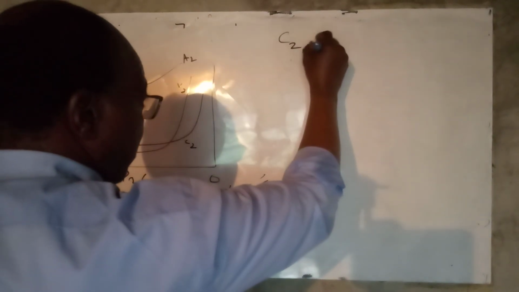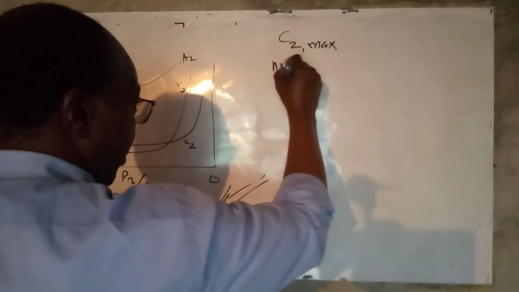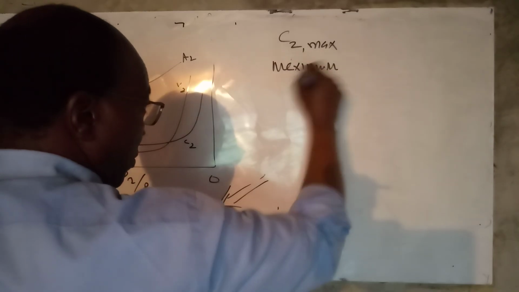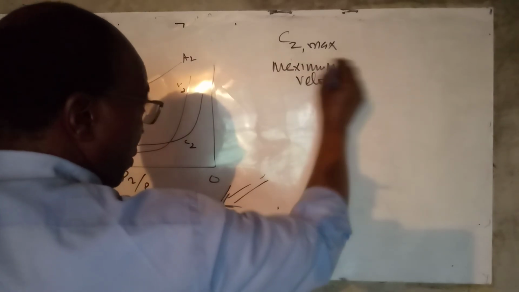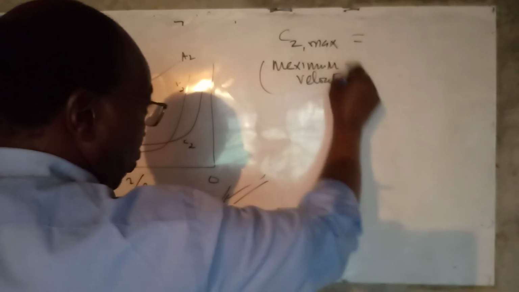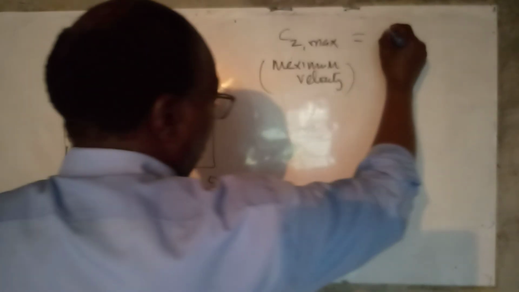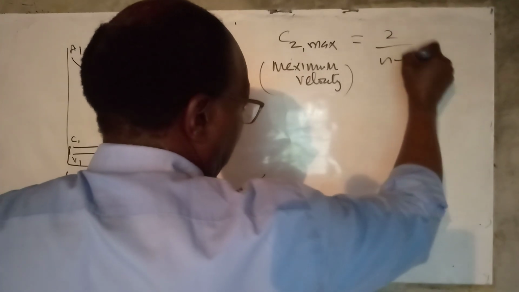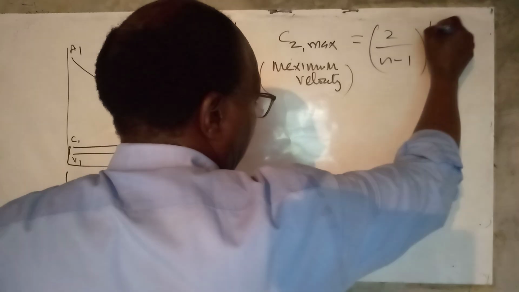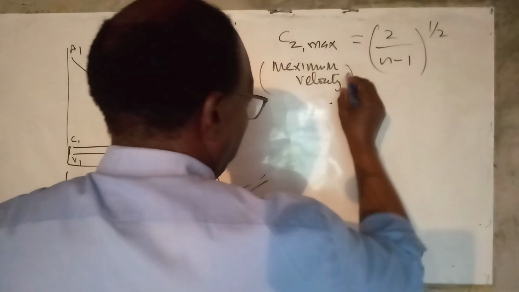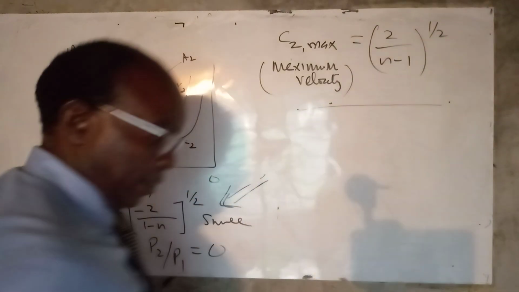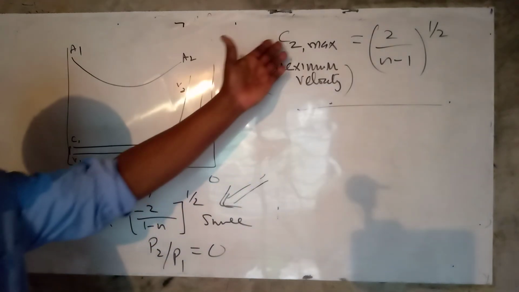Therefore, C2 maximum, that's the maximum velocity, is equal to the square root of 2 over n minus 1. That is the maximum velocity of the flow in the duct.